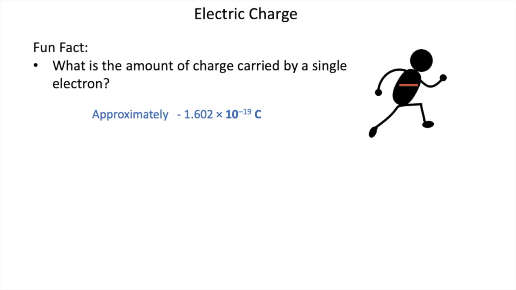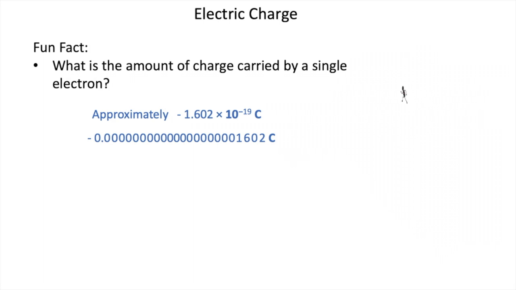What that actually means is this is equal to 0.00000000000, well, you get it, about 19 zeros, 1602 coulombs. That's really, really small. So hey, you big fella, you're really not that big after all, because you are really, really small. That's right, the charge carried by a single electron is really, really small.